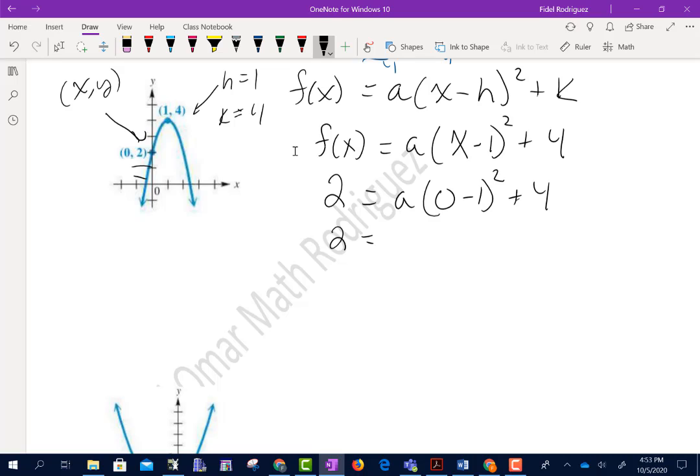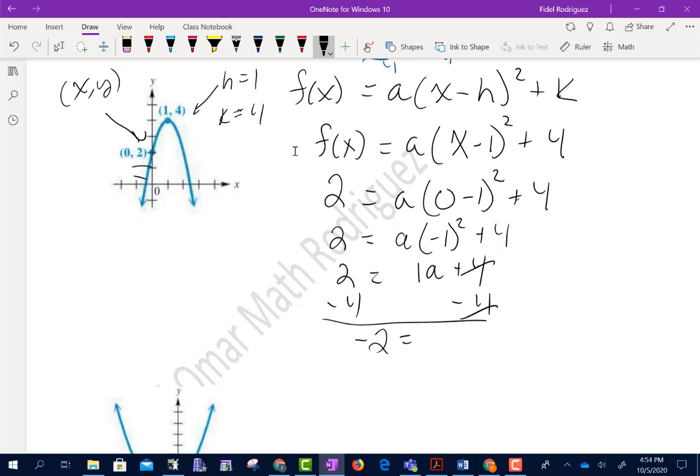Okay. So 0 minus 1 is -1, squared plus 4. Remember, -1 squared is just 1A plus 4. So I'm going to go -4 and -4. So 2 minus 4 is -2 equals A. All right.